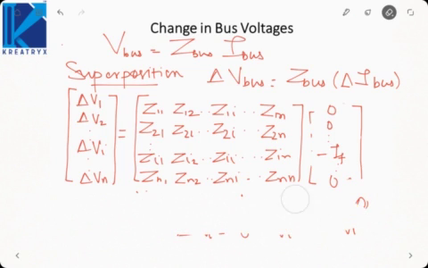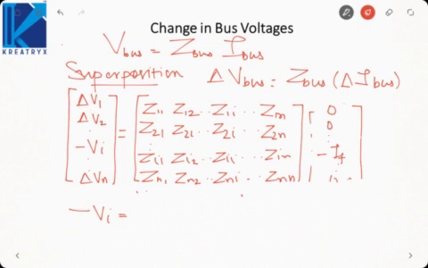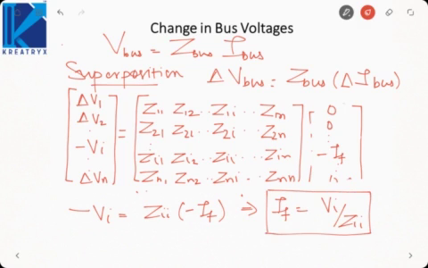So this can be written as minus Vi. Now if you concentrate on the ith row, minus Vi will be equal to Zi1 into 0, Zi2 into 0, then Zii into minus If, which implies If is equal to Vi by Zii, which is the same expression that we derived earlier, just with Zf equal to 0.